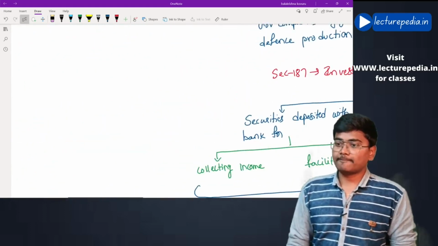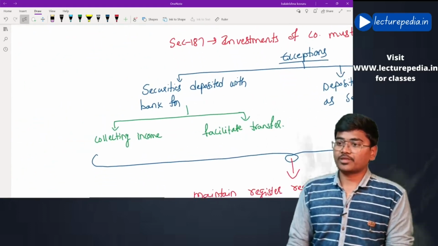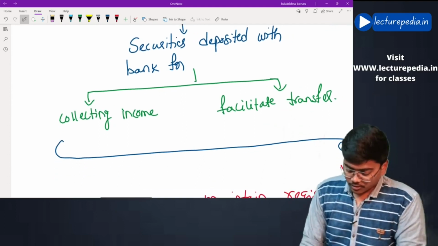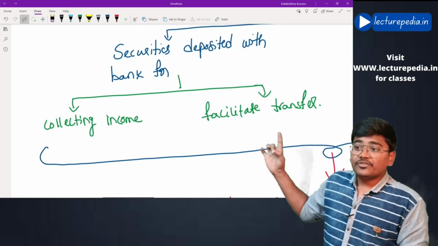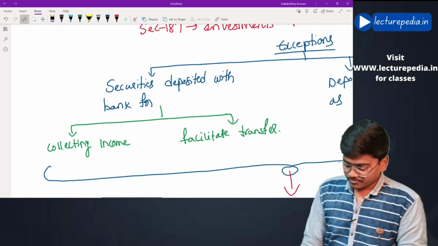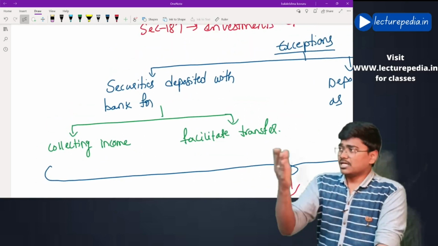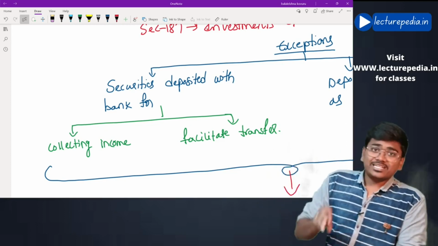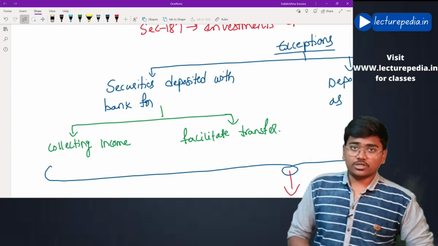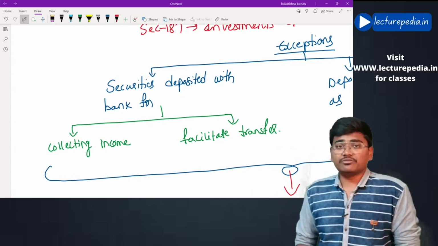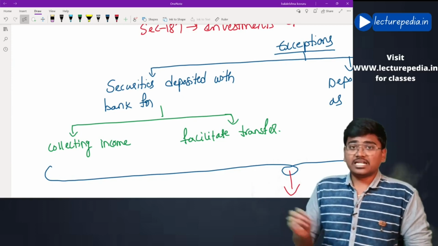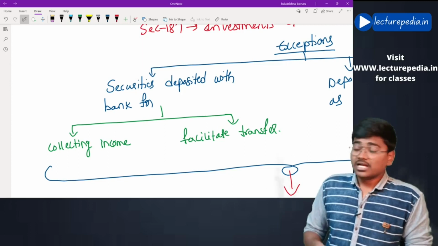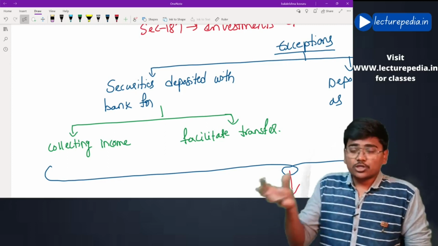Let us see. Firstly, securities deposited with a bank for collecting income or facilitating transfer. That means the company has purchased some securities, either shares of some other company or debentures of some other company. Now, for collecting the income on those securities, in case of shares you will be receiving dividend, in case of debentures you will be receiving interest. For collecting such interest income or dividend income, the company can deposit these securities with the bank.